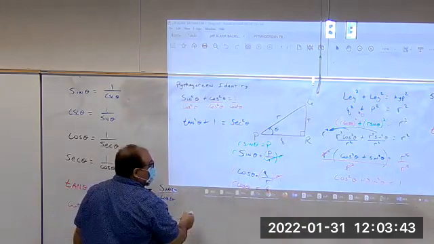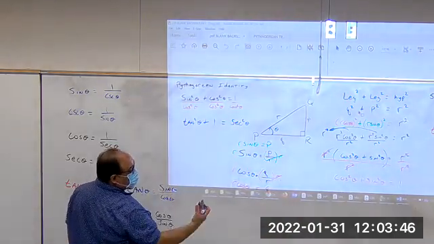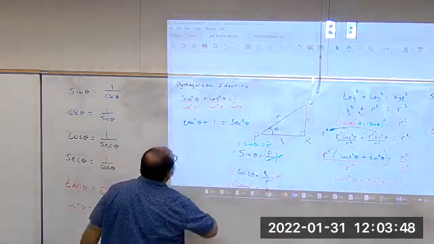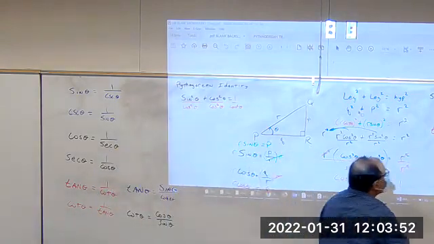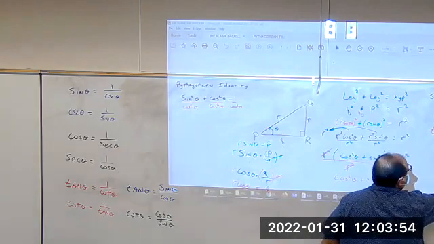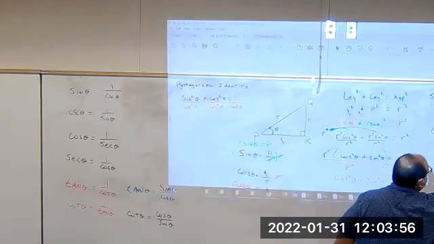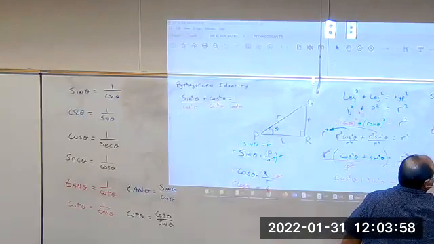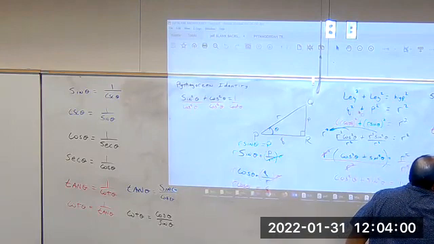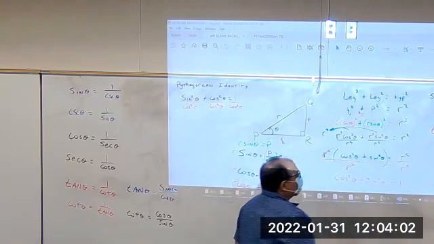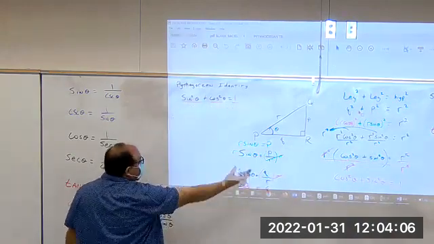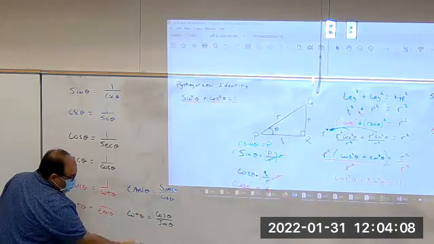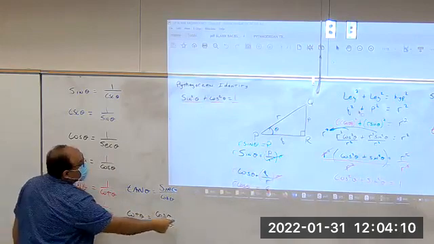So the other one would be, if you can make tangent squared, you can make cotangent squared. So if I want to make cotangent squared, it's going to look like this. 1 plus cotangent squared theta is equal to cosecant squared theta. And if you want cotangent, cotangent is cosine over sine.